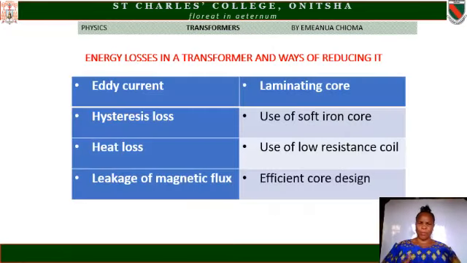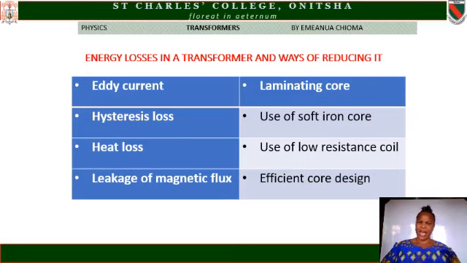Before we solve some problems on transformers, let's look at energy losses in a transformer and ways of reducing them. When a transformer is working, a lot of energy is lost. We have energy losses in the form of eddy current, which can be reduced by laminating the soft iron core.